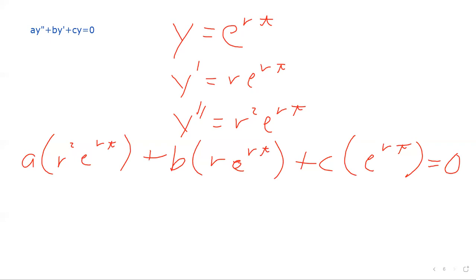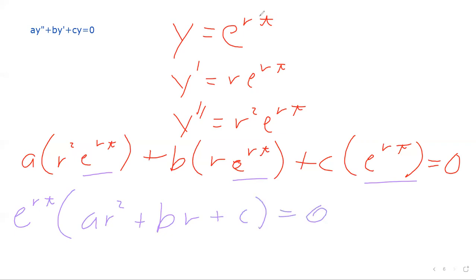Now notice what they all have in common. They all have this e to the rt. So therefore, let's factor that out. And we're left with a r squared plus b r plus c equals 0.